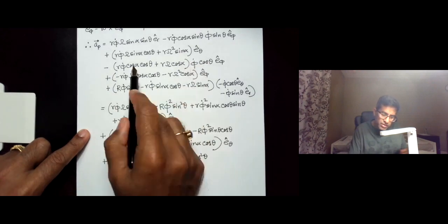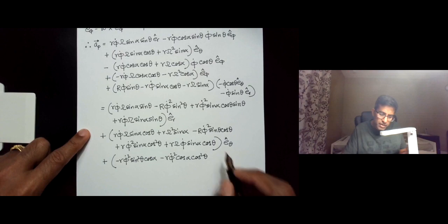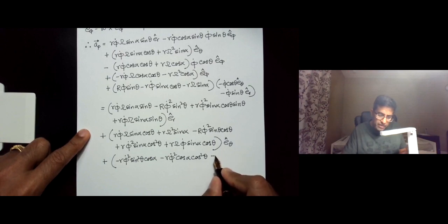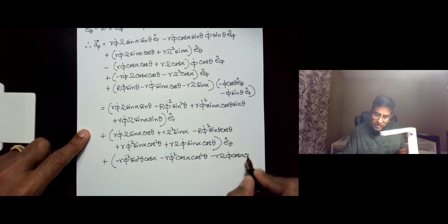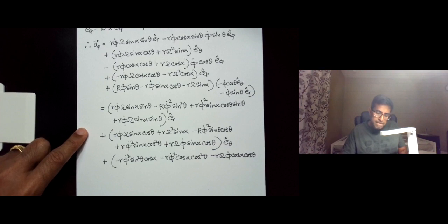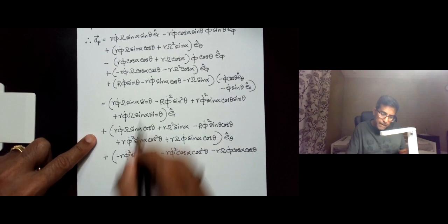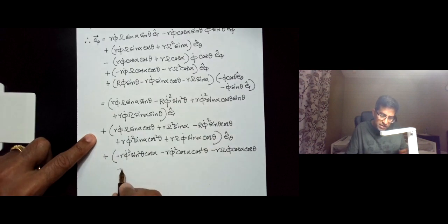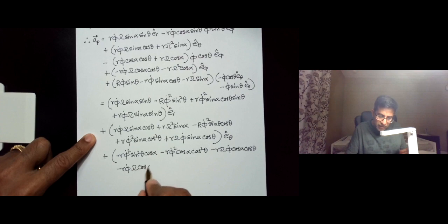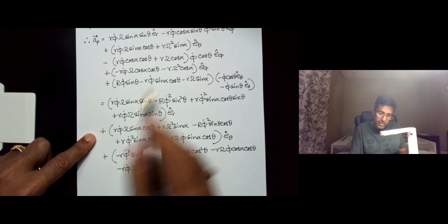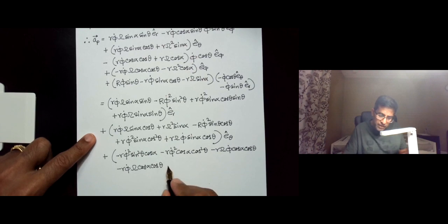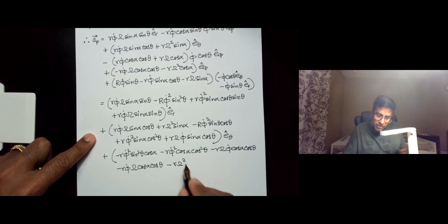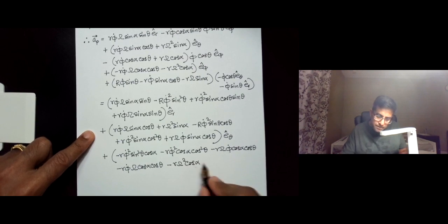Then we have a minus r capital omega phi dot cosine alpha cosine theta. And then we have these two terms. So we have minus r phi dot capital omega cosine alpha cosine theta, the negative sign. And then we have minus r capital omega squared cosine alpha. And this is all in e phi.